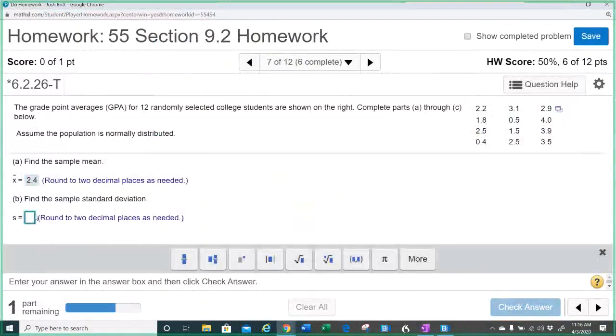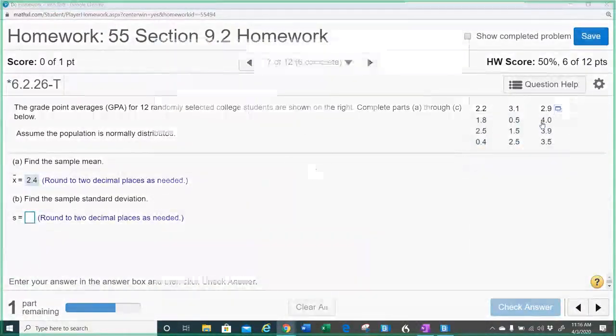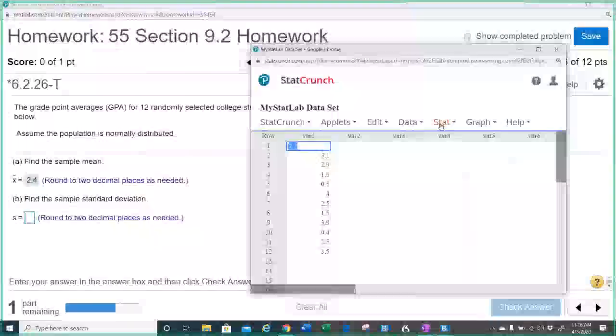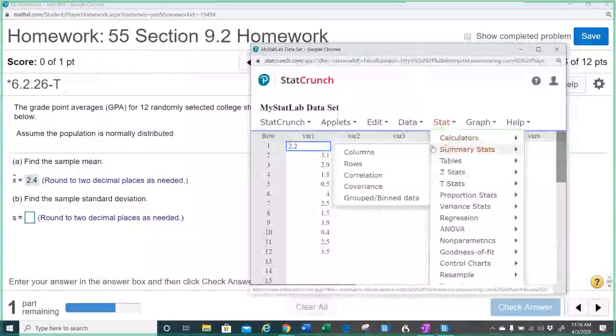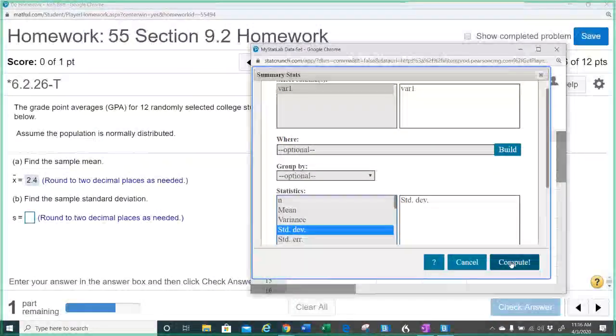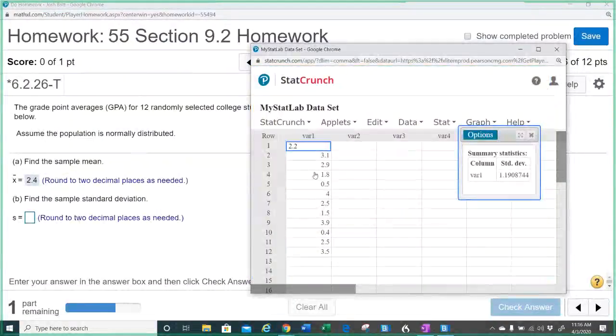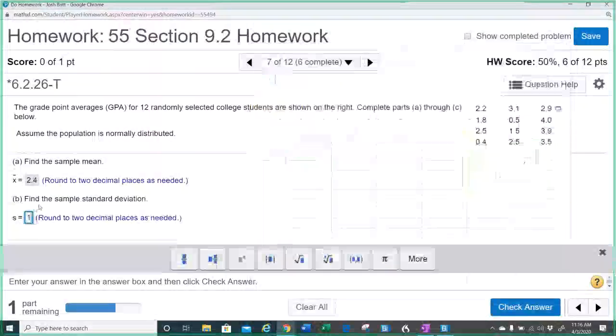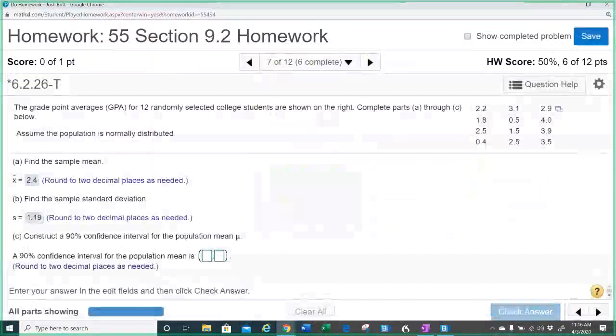Standard deviation. Now it doesn't give you standard deviation, but we can just do what we did in chapter 3. Just go back and find standard deviation. Standard deviation to 2 decimals is 1.19. And then 90% confidence interval.